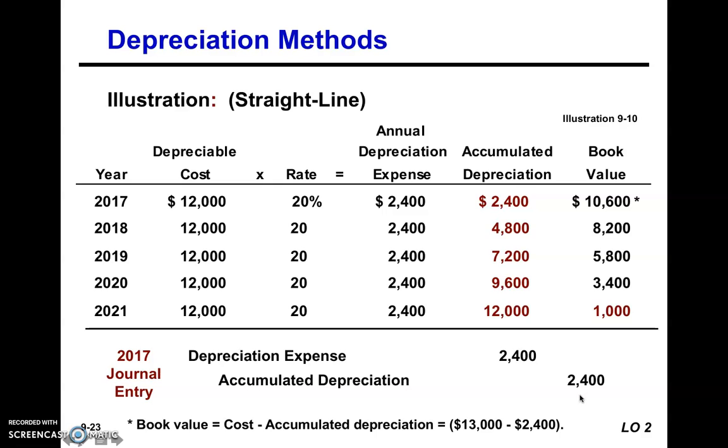Depreciation expense debited, accumulated depreciation is credited. However, the book value in the balance sheet always will show as cost minus accumulated depreciation. So accumulated depreciation, for example, at the end of 2018 is the addition of 2,400 and 4,800. So it's going to be 7,200.